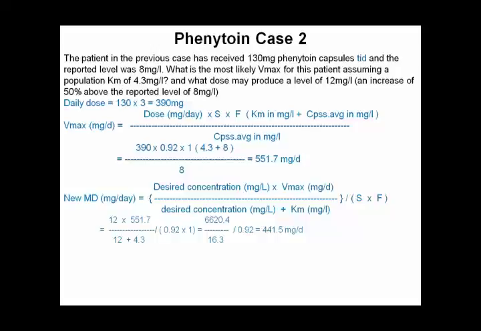So we increase the dose by 50 milligram to get a level that is 50% higher. If you divide 50 milligram over the current dose of 390, you will see that this is less than 13%, and even so, you would achieve a 50% increase in the level.